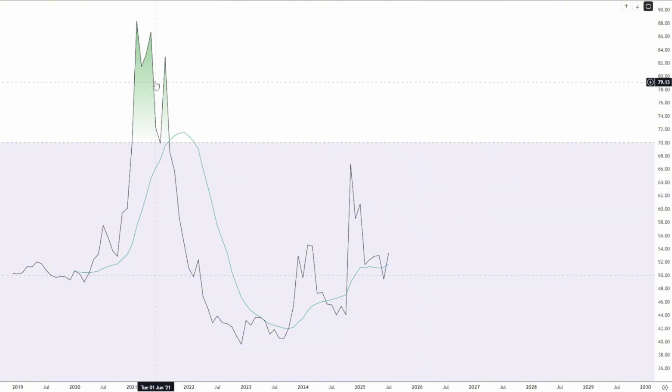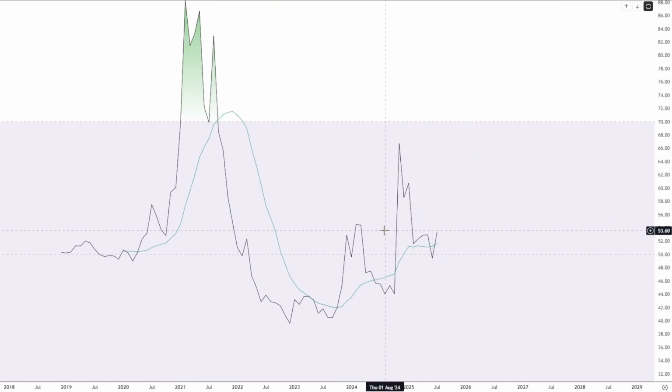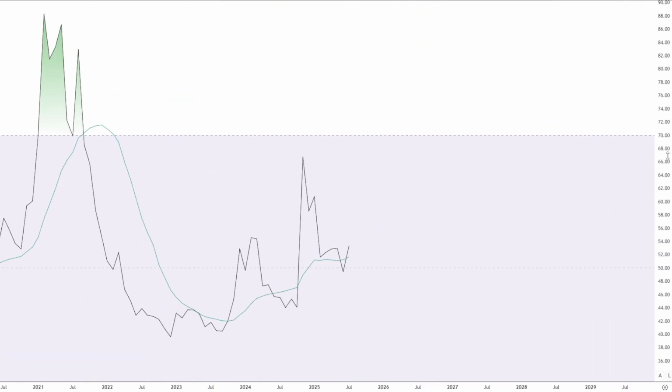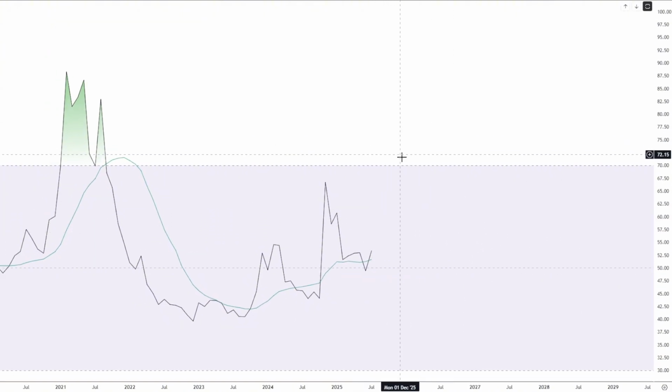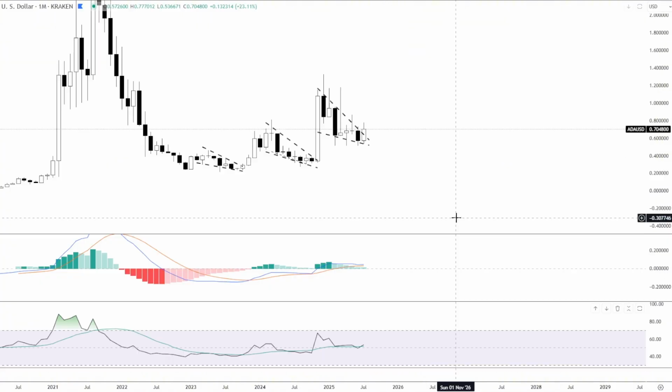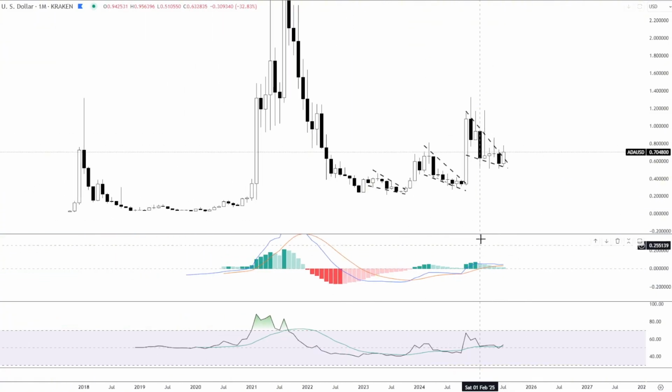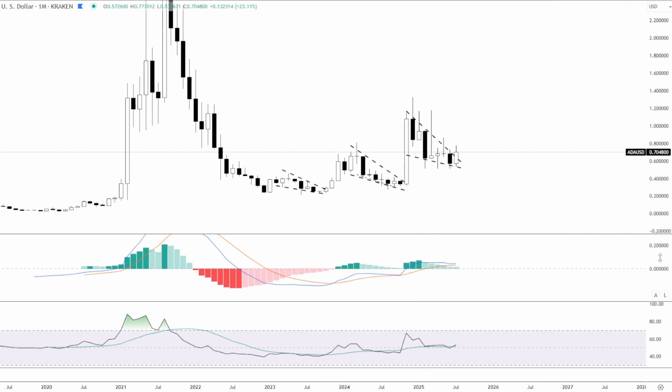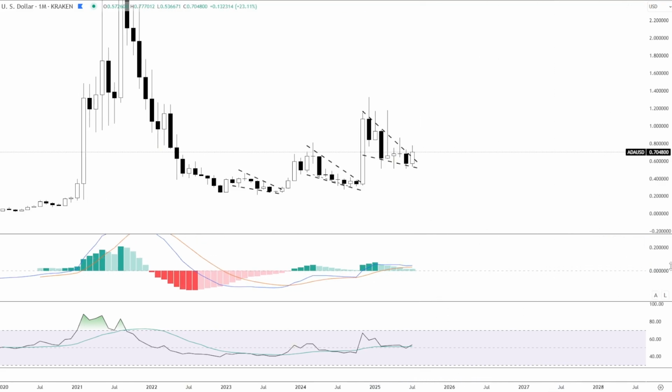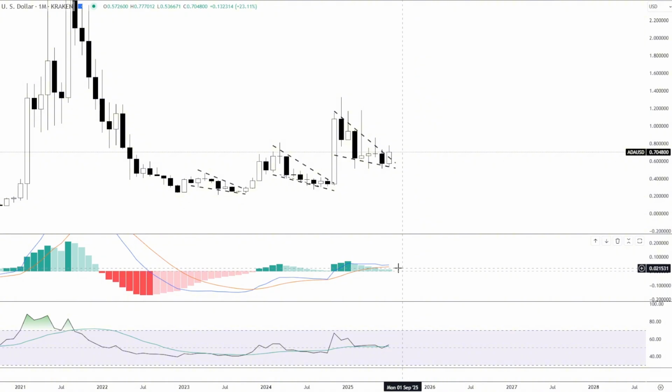I don't expect to replicate what happened back then, just because of how unique this market was in many aspects, but we should at least test the overbought area. So it looks like we get another spike here. Momentum wise, it looks good, right? We are picking up steam. Momentum is building.